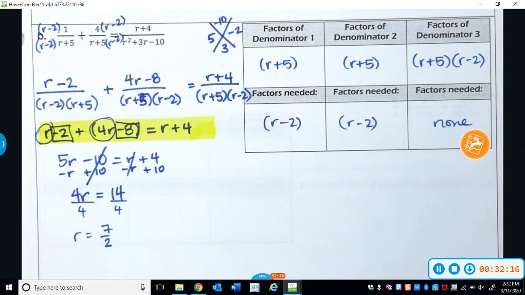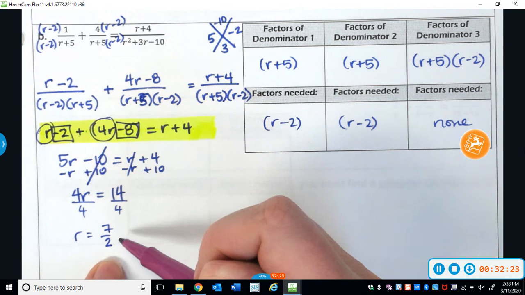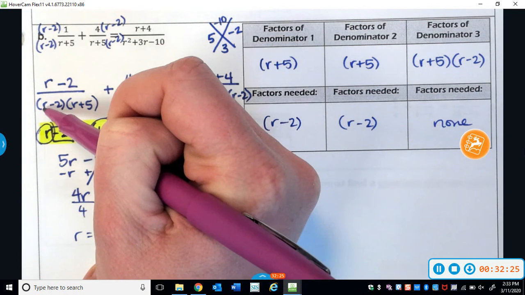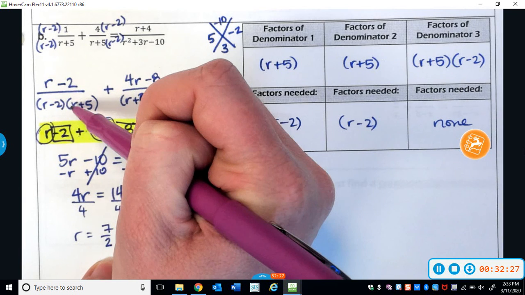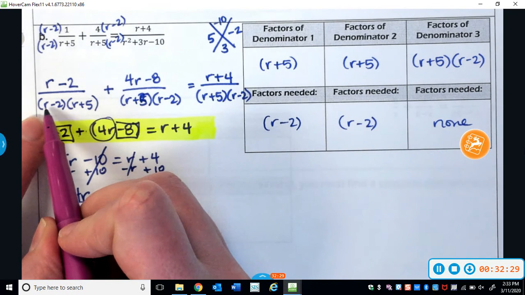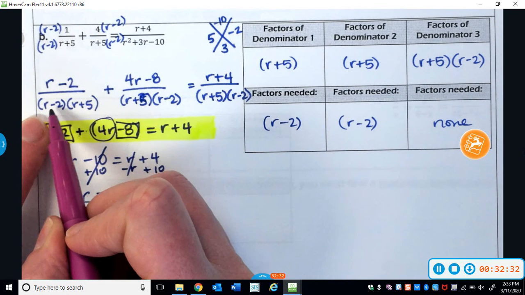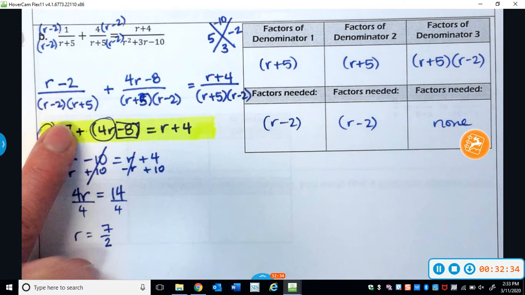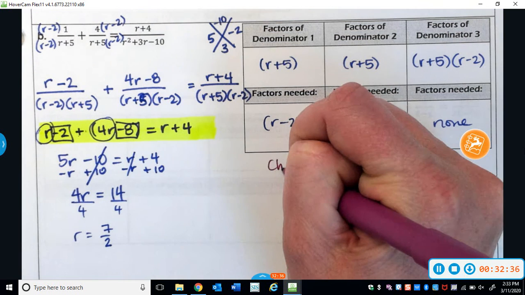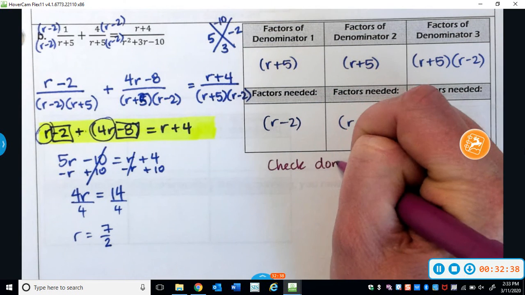All right, so at this point, the last thing I need to do, and I'm going to do this in pink so that it's consistent, is I just need to check. Remember, an option is to plug in 7 over 2 where you see an r in your denominator and work it out. But I personally don't like working with fractions. I don't really want to do 7 over 2 minus 2 and 7 over 2 plus 5. So I'm going to choose to check it by looking for the domain restrictions.